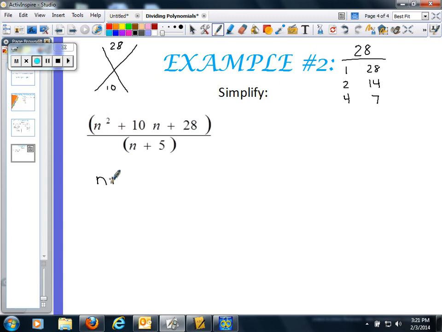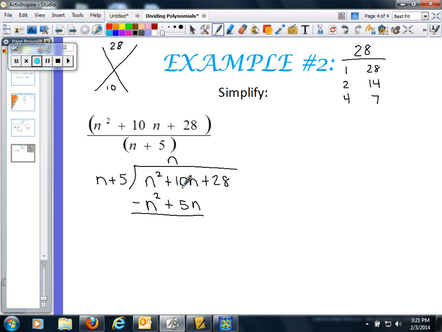So this is going to be n plus 5 dividing n squared plus 10n plus 28. And now we're going to do our multiplication the same way. So n times what gives me n squared? Well, that's going to be n. This is n squared plus 5n. And I subtract. 10n minus 5n gives me 5n.